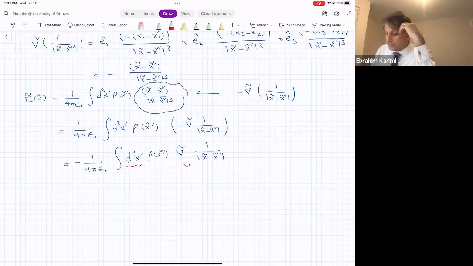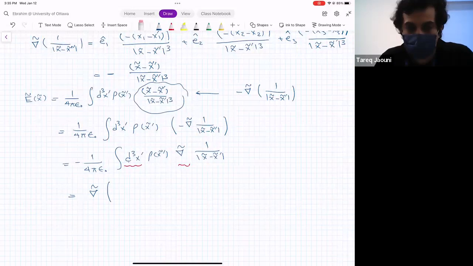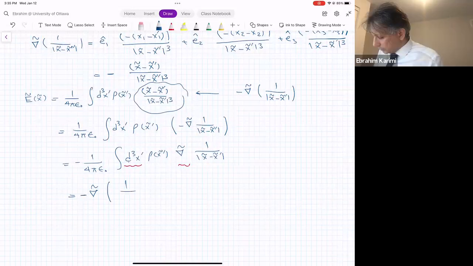What is the gradient acting on? It will be on x, right? Can we swap them? Can we take the gradient out of this integral? Yes, we can do that for a well-defined function. That will be the gradient out of it with a negative sign. Let's write it in this way: 1 divided by 4 pi epsilon naught, integral of d3x prime rho of x prime, 1 divided by |x minus x prime|.